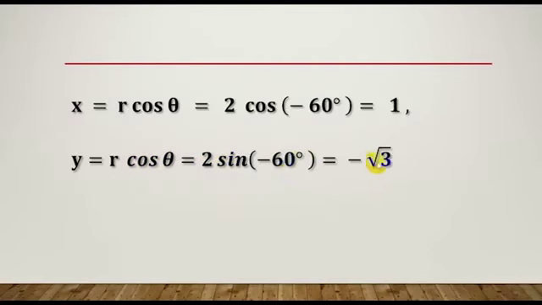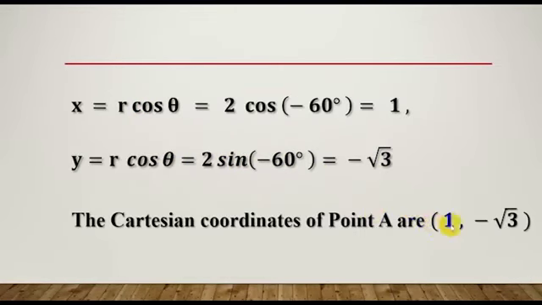It will be negative square root of 3. So this one is cosine theta and this one is sine theta. So A in Cartesian will be 1 and negative square root of 3.